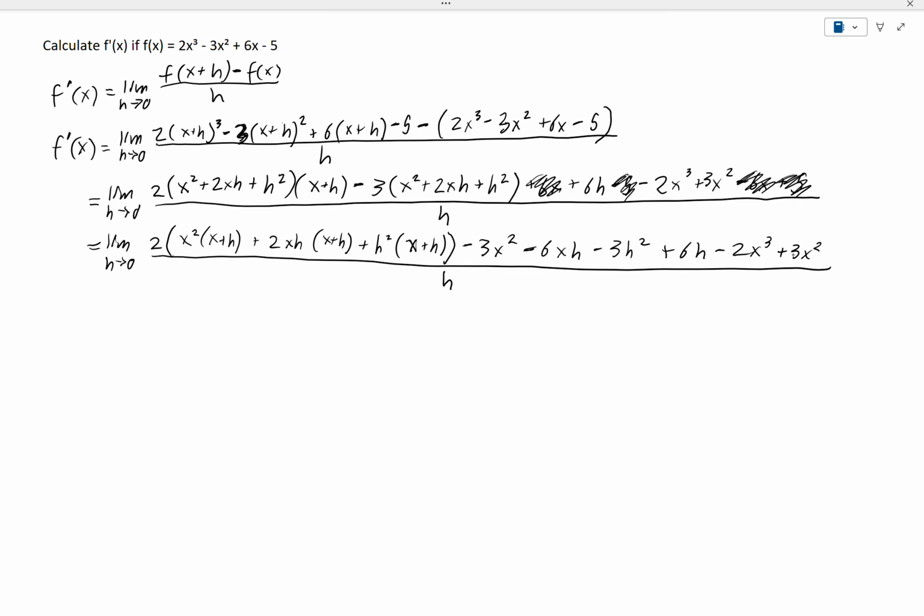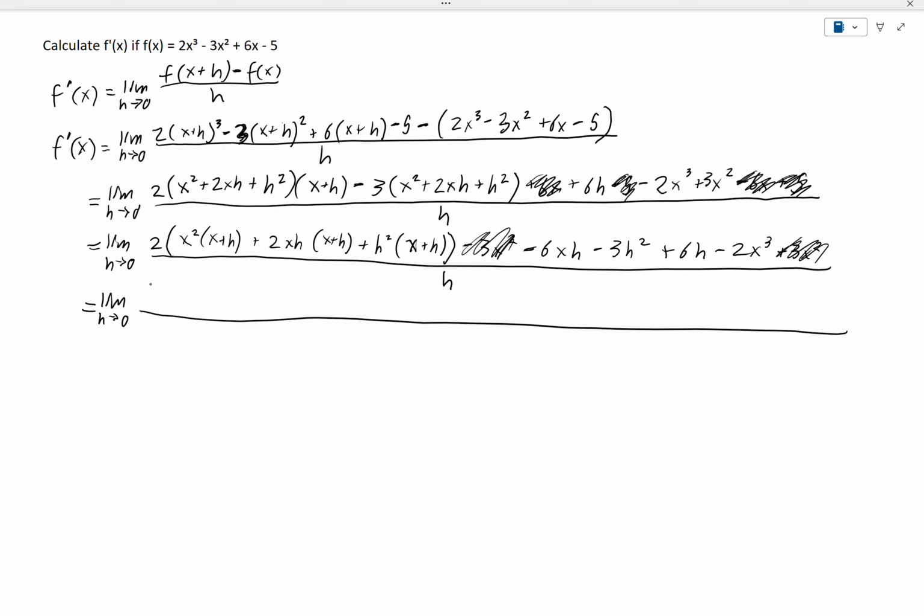So we have a positive 3x and a negative 3x. Those can cancel. And that looks like everything that cancels. So now we need to deal with the thing we've been avoiding the whole time at the beginning here.